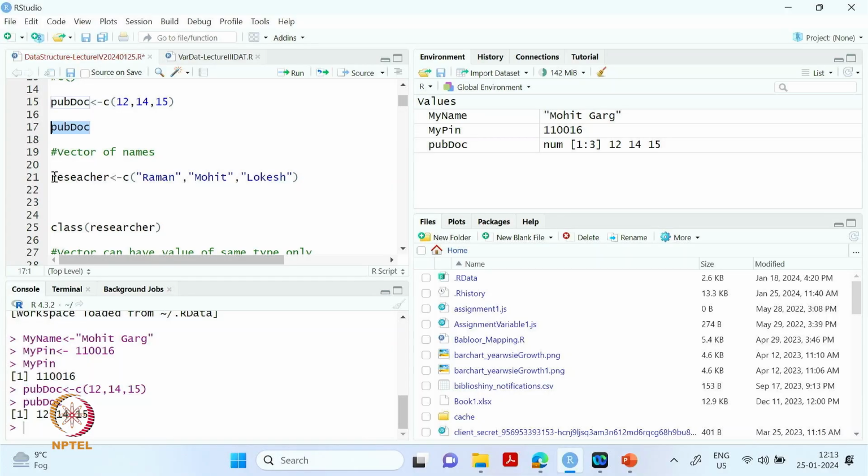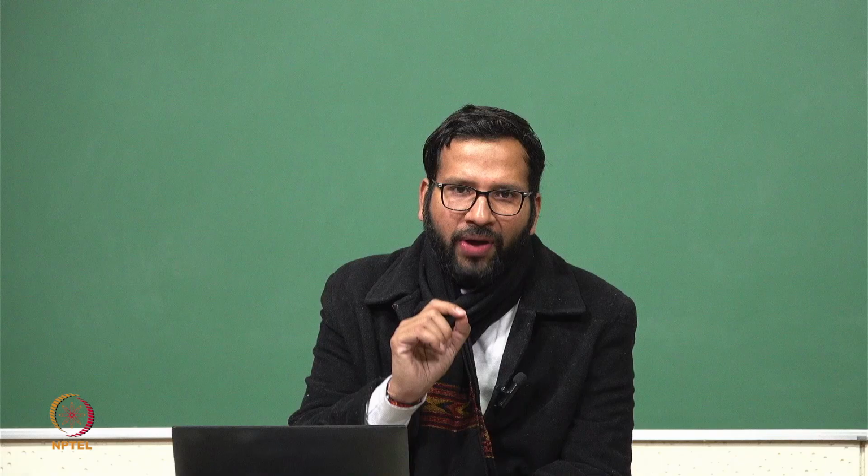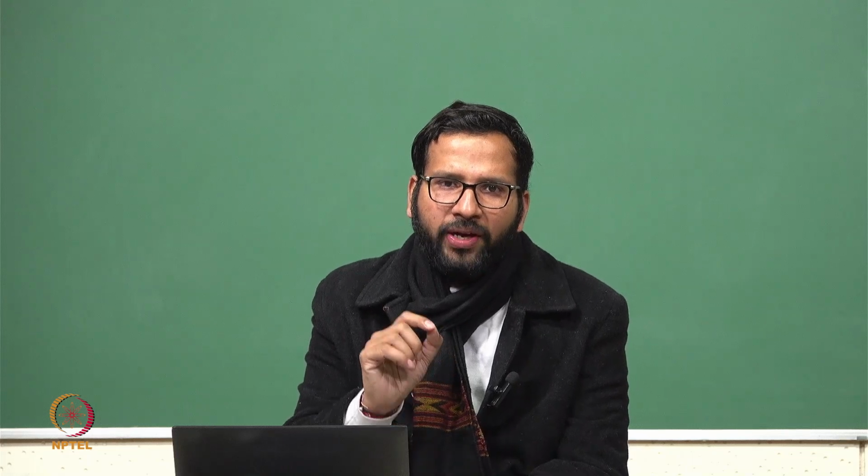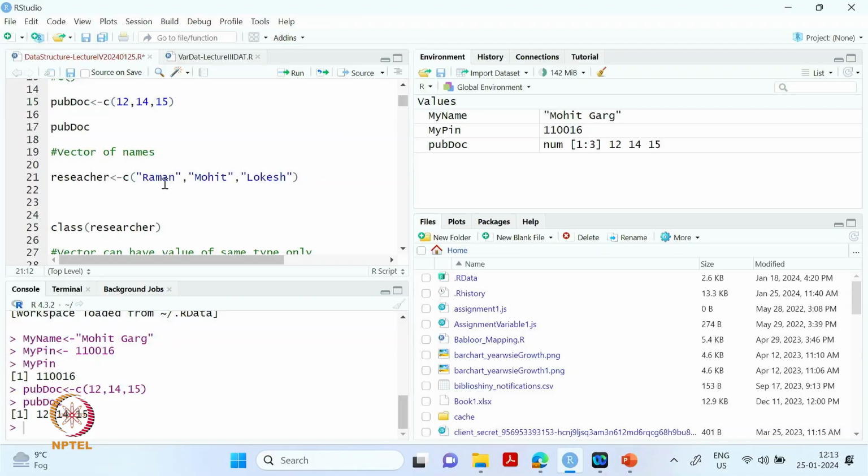I am naming this vector researcher, and I am using the same function c, and I am mentioning the three names. If you remember, I discussed in the last lecture that whenever you define any character value, any text value, it should be in inverted commas. So the same way I am keeping all the characters in inverted commas and putting commas between them.